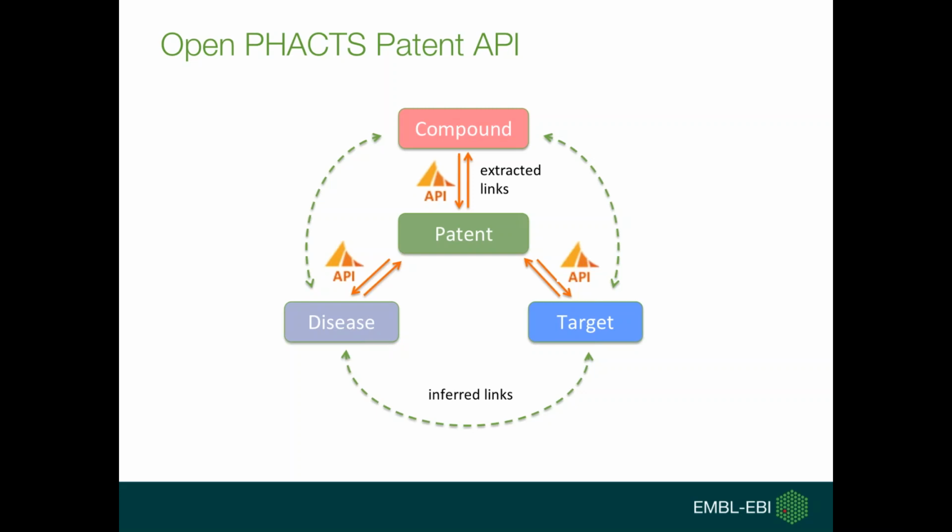And this is what I'm going to do. I've got two use cases or examples here, and I'm going to illustrate how you could use the Open PHACTS Patent API and how you could derive your own links between these three different entity types, the compounds, the diseases, and the targets, via their co-occurrence in patent documents.